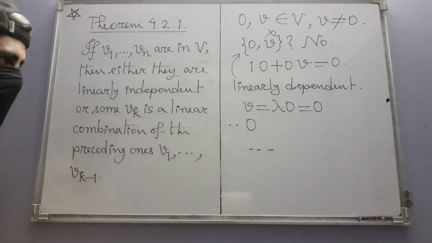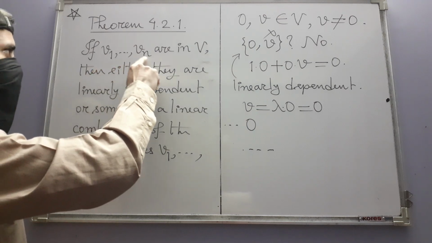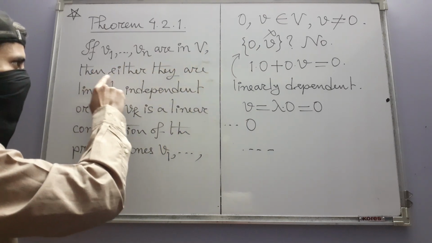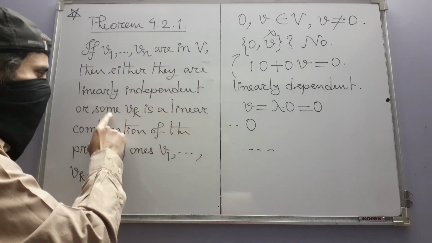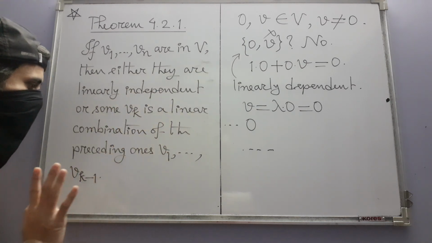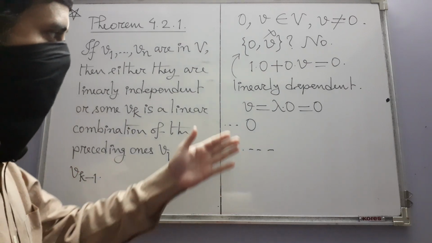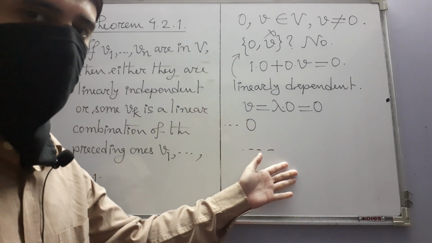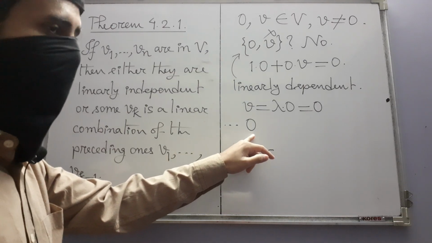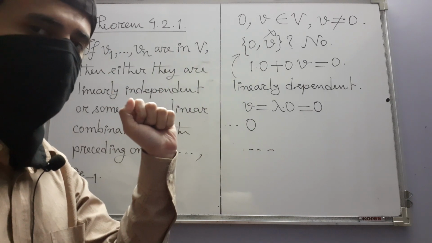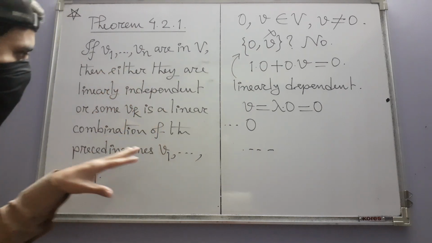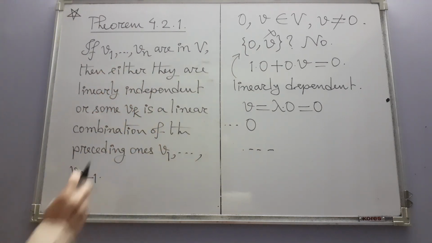The theorem is saying that if we are given a finite list of vectors in a vector space V, then either they form a linearly independent set or some Vk is a linear combination of the preceding ones. Now with this new interpretation, which allows us to say that 0 is a linear combination of the preceding ones because there are no vectors before 0, we can apply this interpretation to V1.